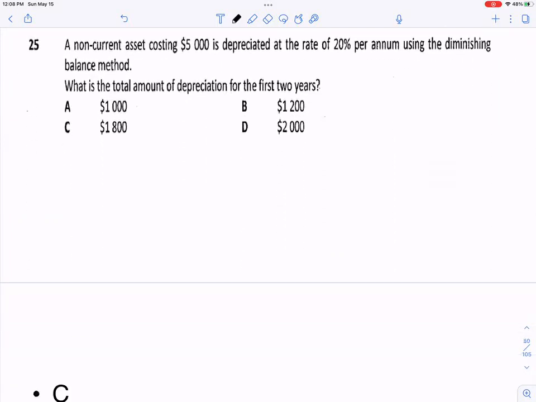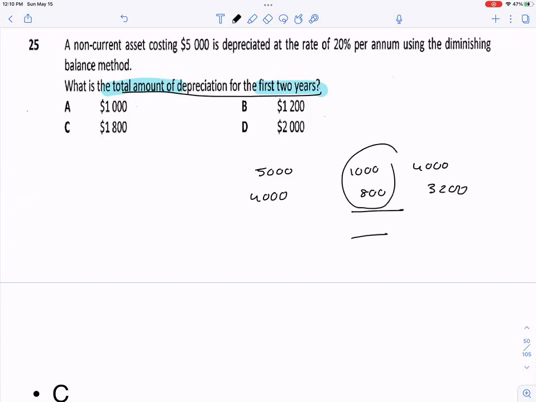Come on, try this one. Be mindful. He wants the total amount of depreciation for the first 2 years.